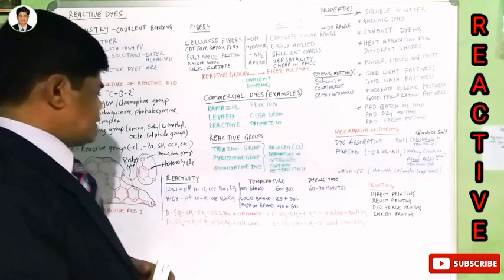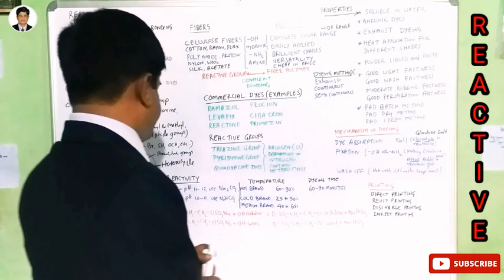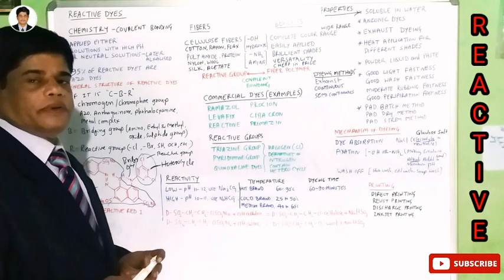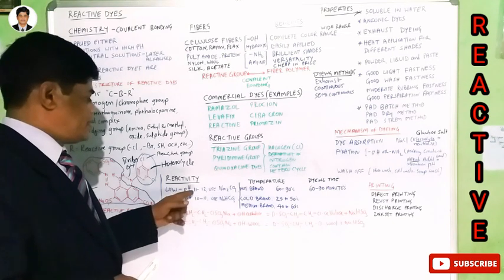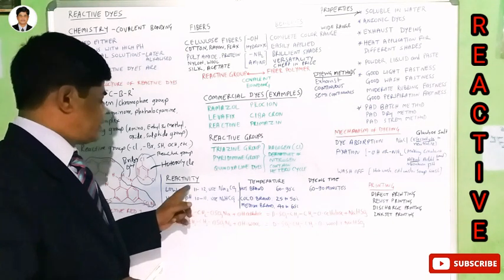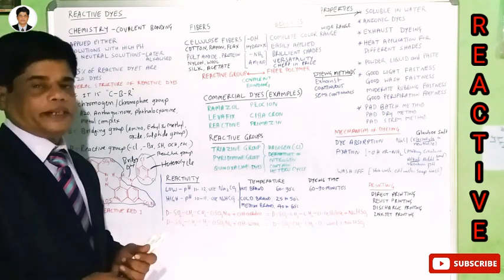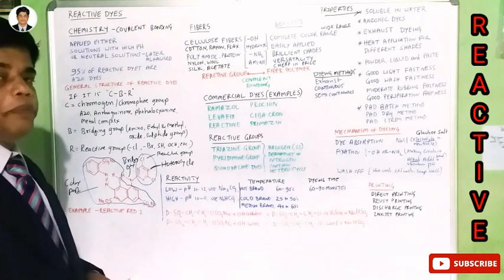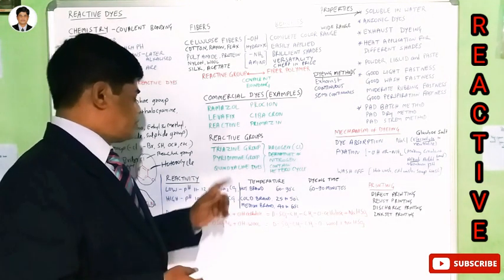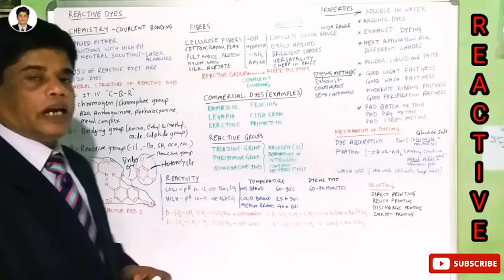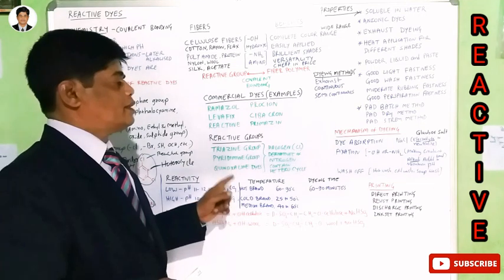Okay, in that case what to do? If it is low reactive in nature, then the pH of the solution to be maintained is 11 to 12. Na2CO3, sodium carbonate, is required.